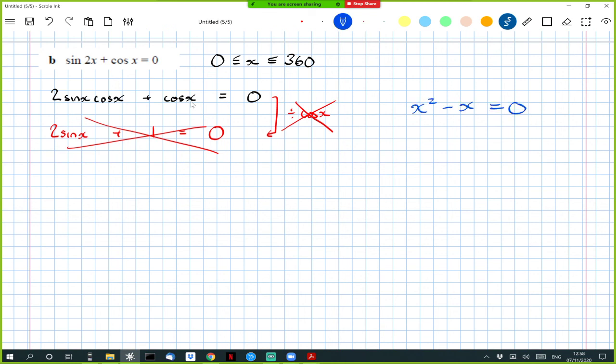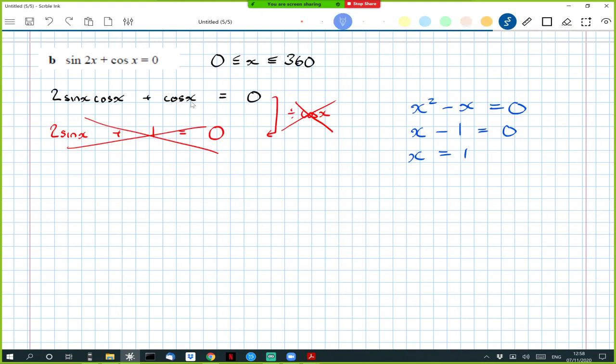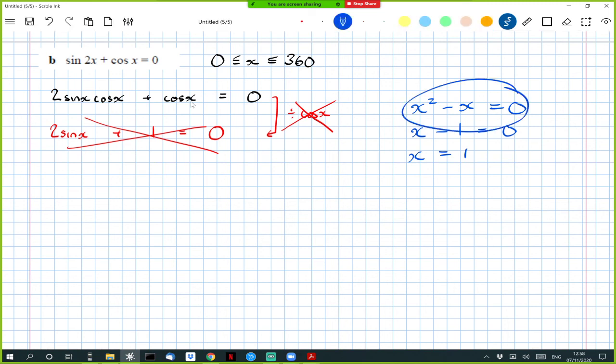I can just divide by x to get x equals 1, which is a solution. However, by dividing by x, I've made a statement. I am certain that x equals 0 isn't a solution to this equation, because we can't divide by 0. Well, actually, x equals 0 is a solution to this equation. So by dividing by x, I've lost that solution.